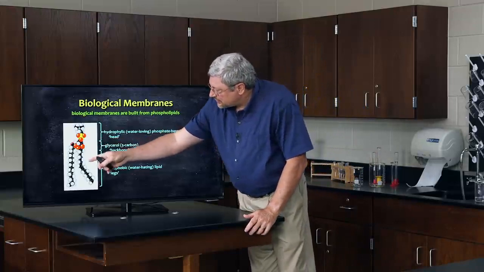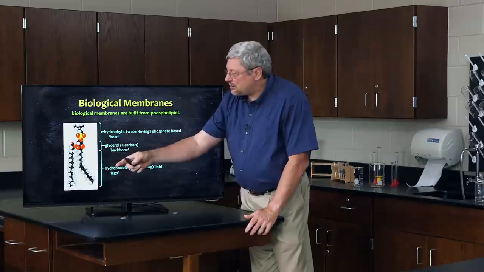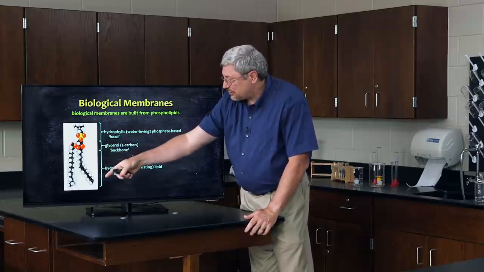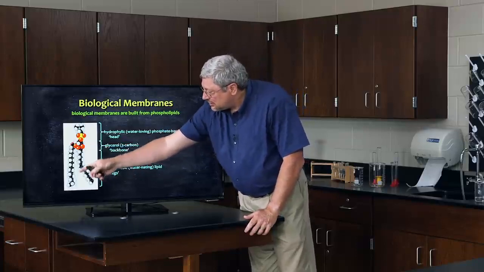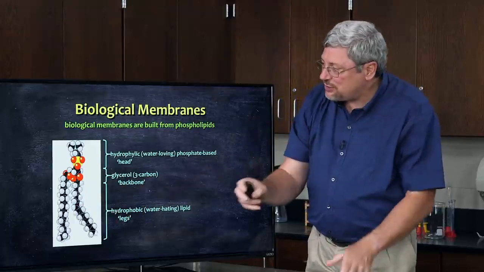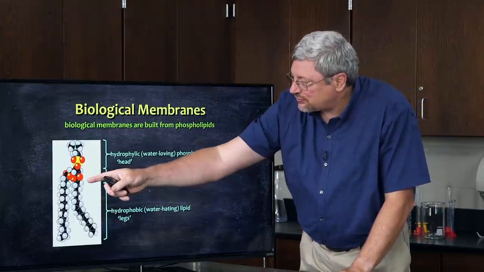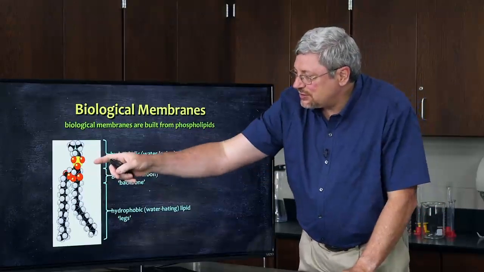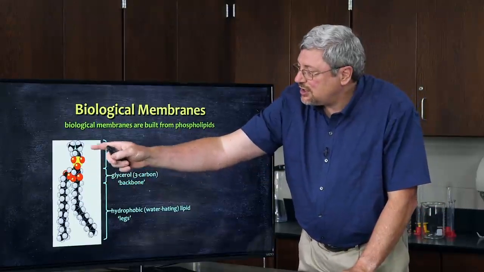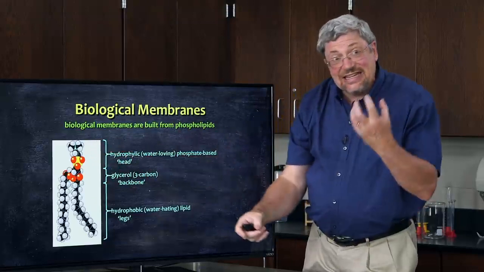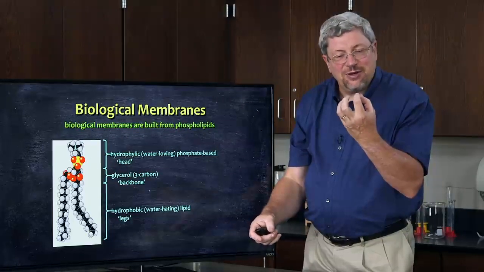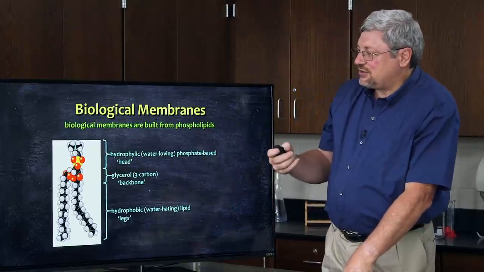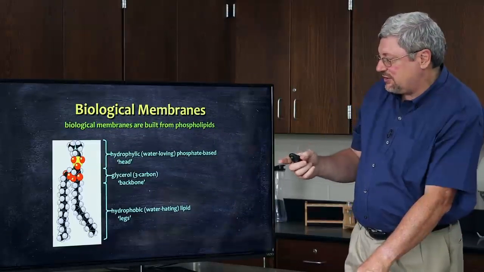That gives the phospholipid 2 legs, if you wish, these long fatty acid chains, sometimes many times larger than what you see here, but here we've got 2 legs of the phospholipid, a body of the phospholipid composed of the glycerol group, and then a head of the molecule that is composed of phosphate and associated things.